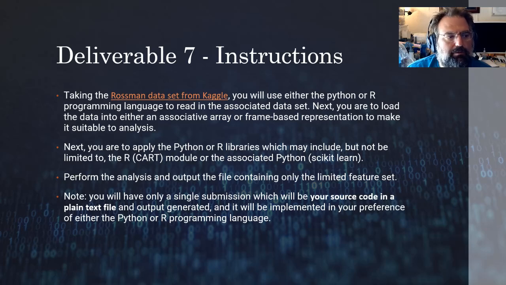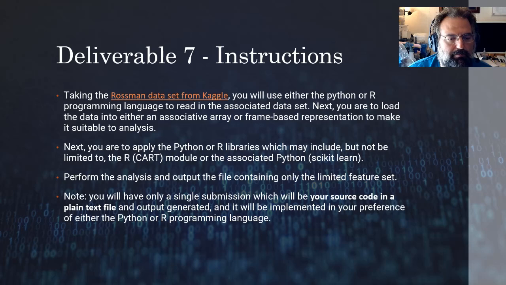Next, you're to load the data into either an associative array or a frame-based representation to make it suitable for analysis. I would recommend a data frame just because it's a whole lot easier than some of the others. Next, you need to apply the Python or R libraries, which may include but not be limited to CART model or the scikit-learn inside of Python.